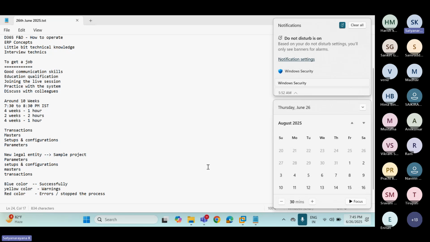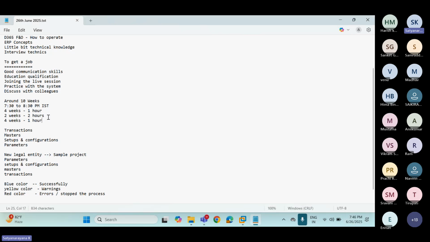After that, once again for one hour. That means in this, it will be combined finance and supply chain management, here it is trade and logistics. I will combine both batches.